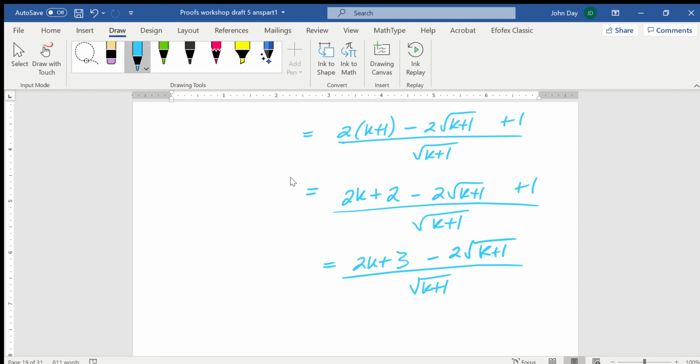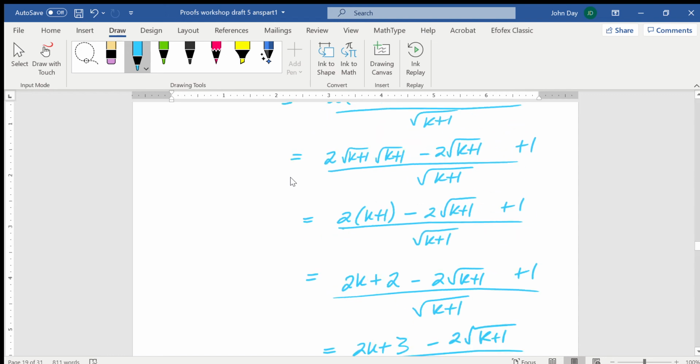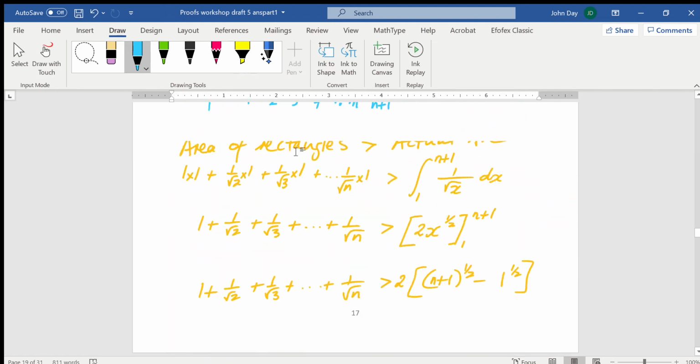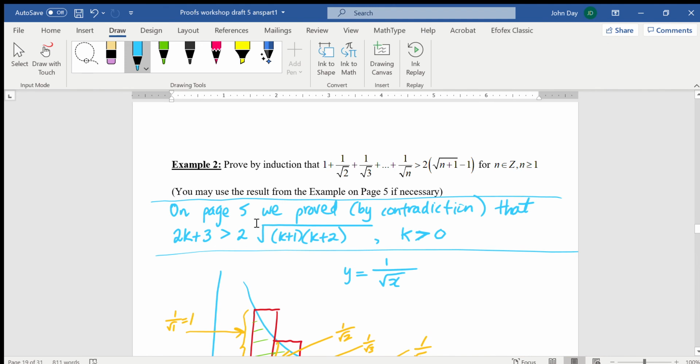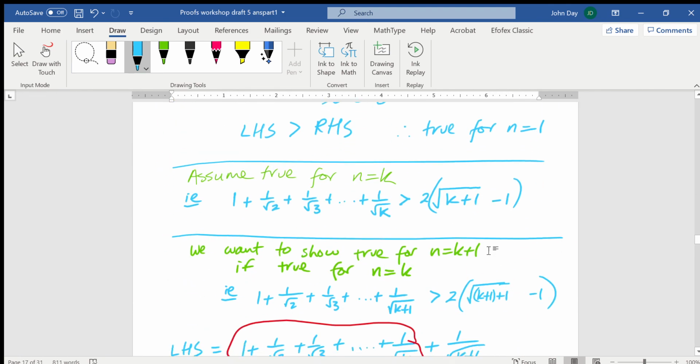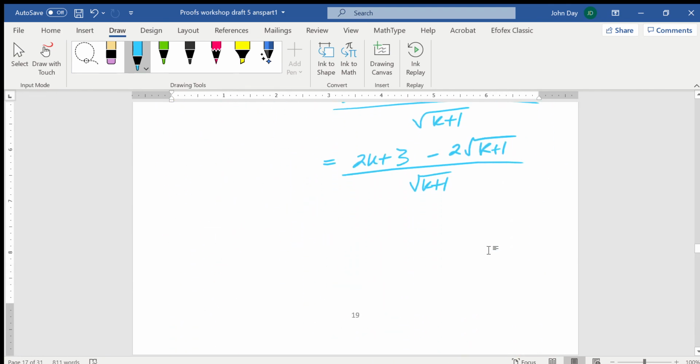In fact, from earlier, we figured that one out, that 2k plus 3 itself, if we go right back to here, the top between the lines, it's bigger than 2 root of k plus 1, k plus 2.